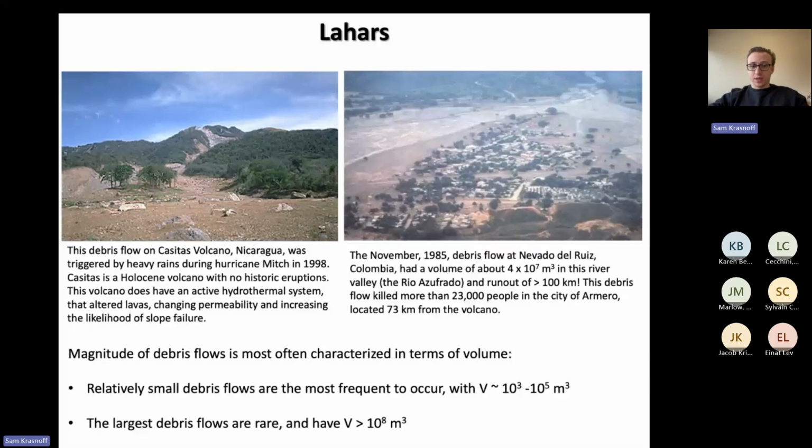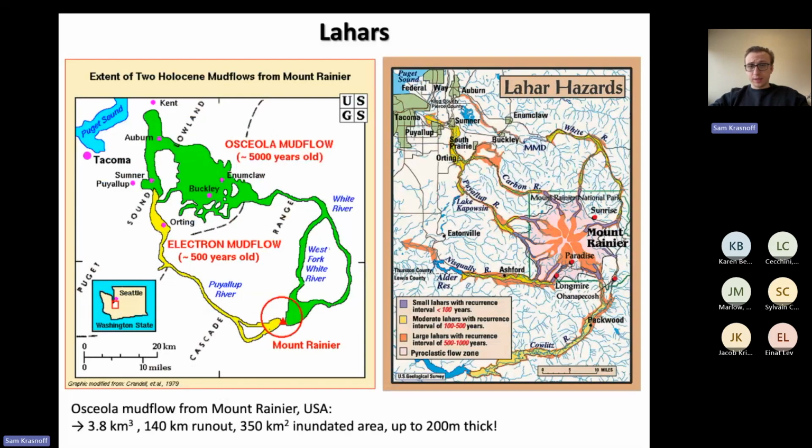Generally, debris flows are 1,000 to 100,000 cubic meters, but the largest can be upwards of tens of millions of cubic meters. You can see here mud flows from Mount Rainier.